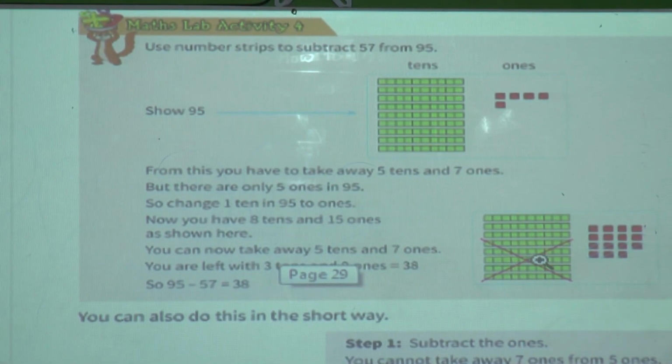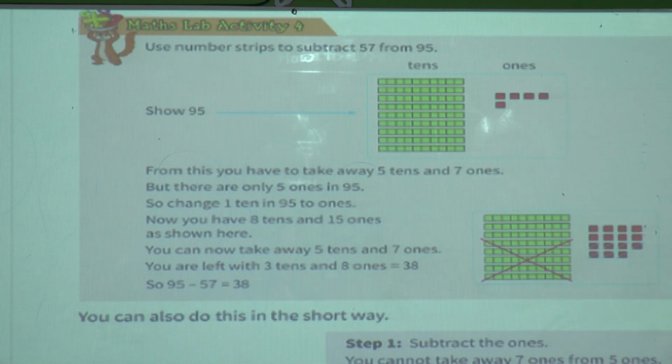So here they have shown, when you cut from here 1, only 8 remain, and then that 1 went to this side, then here it will become 15. So this individual box is 15 ones. First they were only 5 ones. When you take from that side, it will become 15 ones. In this way you are going to solve this problem.